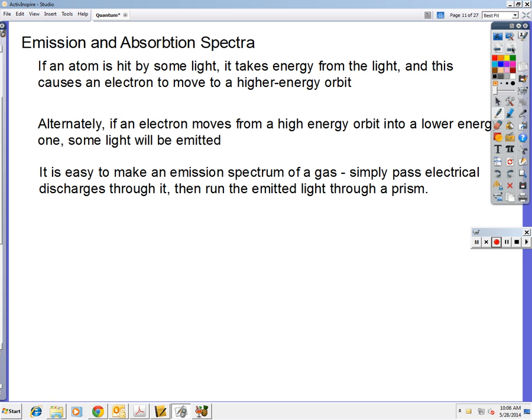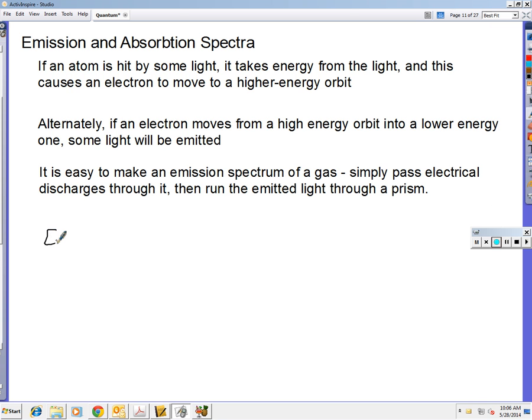And it's pretty easy to make an emission spectrum. We're going to do it in this class. You pass electrical current through a gas, and then you run the emitted light through a prism, and you see what frequencies of light are produced. Remember that because we know that the energy carried by the light is proportional to its frequency, if we measure the frequencies of light that are produced, we can see how much energy the electrons are losing.